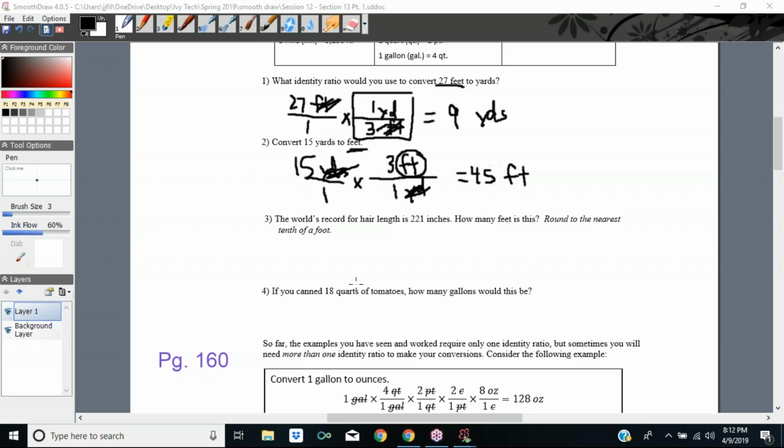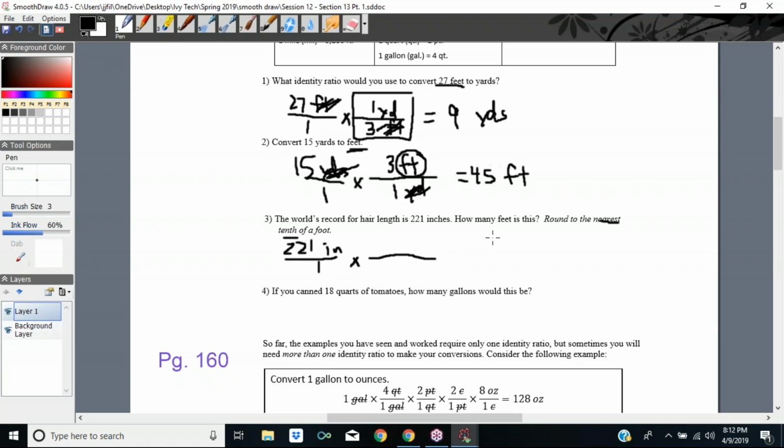All right, so let's take a look at these. For number 3, go ahead and put your answers in the chat box if you got an answer for number 3. We'll take a look. I think we have to round to the nearest tenth, it says, so that helps with getting our answers all to be the same. So 221 inches, we're going to put that over 1, right?